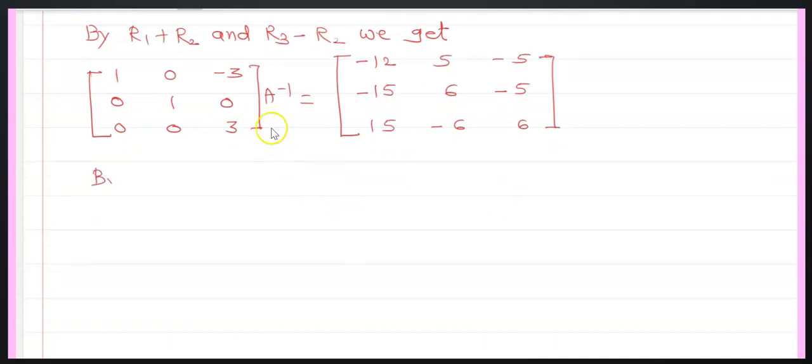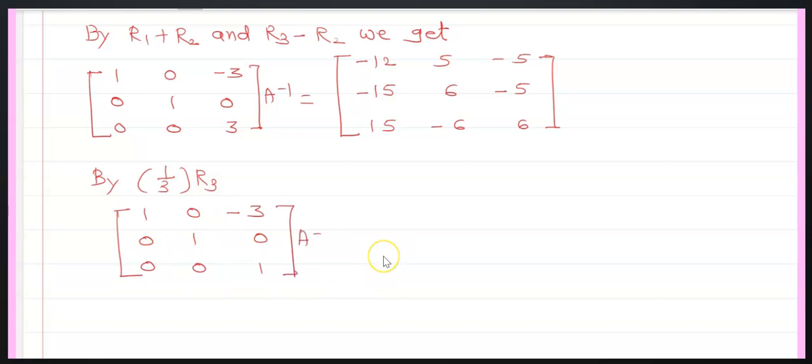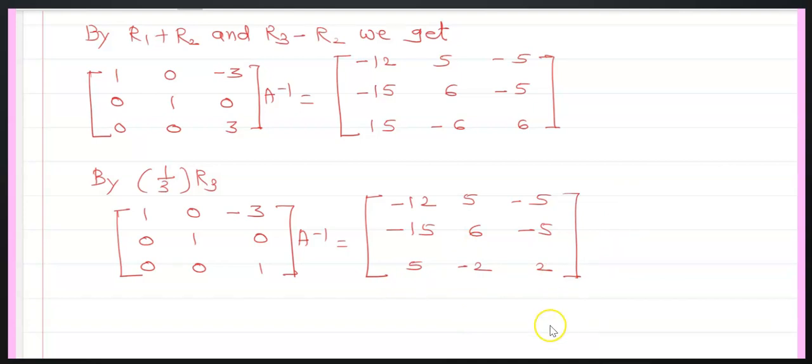And make this 3 as 1 now, by 1 by 3 R3. Therefore 1, 0, minus 3, 0, this is 1, A inverse, that is minus 12, 5, minus 5, minus 15, 6, and here is 1 by 3, 5, minus 2, and 2.